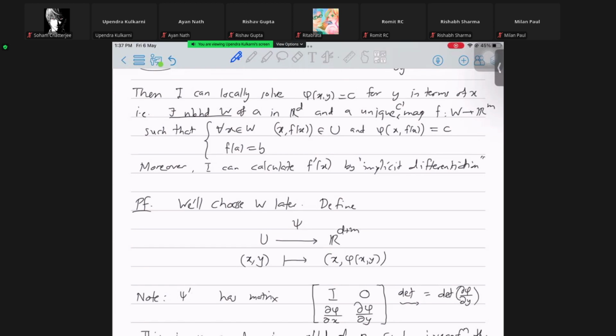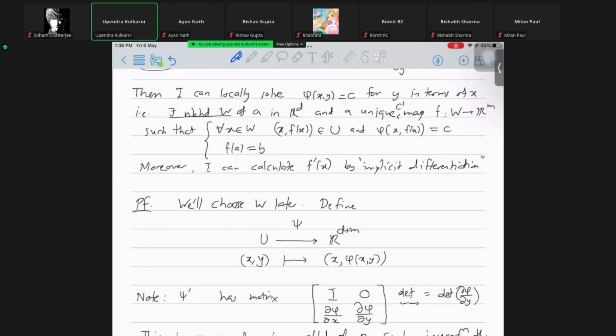Okay, and therefore the level set must be a manifold. Now if this holds everywhere, and in fact we have almost done it. If this surjectivity condition is true for the derivative map at every inverse image of C, at every A comma B that gets mapped to C, then what have I said?